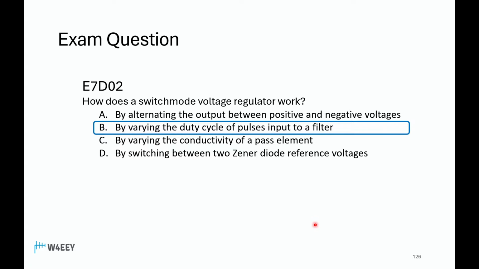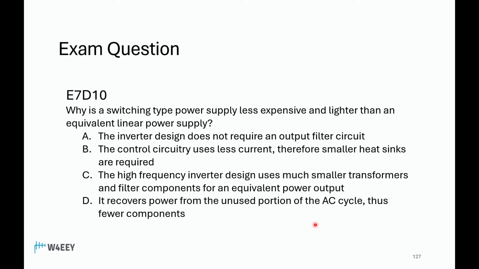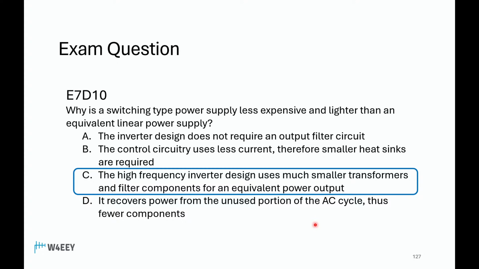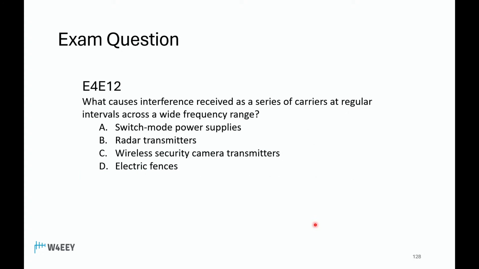By varying the duty cycle of pulses input to the filter, also known as pulse wave modulation. Why is a switching type power supply less expensive and lighter than an equivalent linear power supply? Charlie. The high frequency inverter design uses much smaller transformers and filter components for equivalent output.